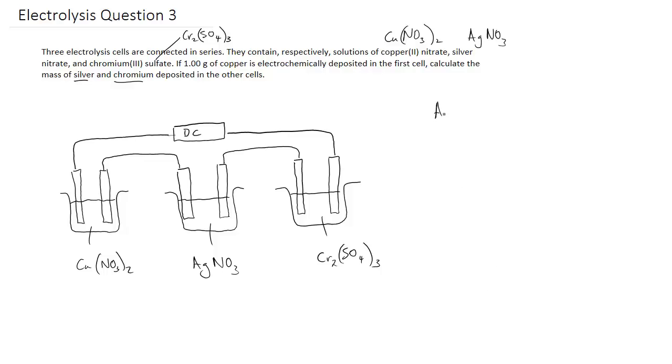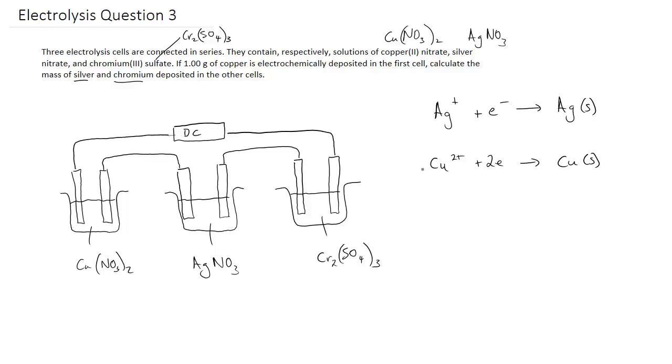Silver was at the top, it gained electrons, it became silver solid. We've also got copper ions plus 2 electrons give us copper solid.